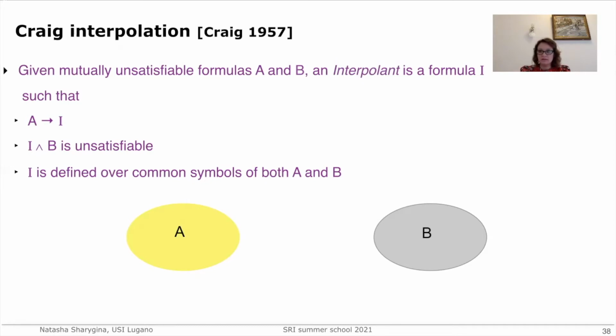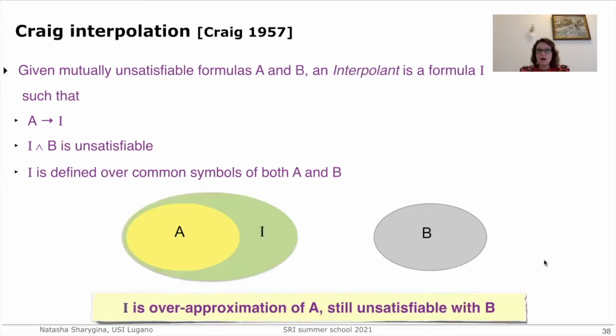They don't share any space, as is clearly seen. I is another formula that over-approximates A, meaning that A implies I, but it's still unsatisfiable with B. As you can see, the green area never overlaps with gray.